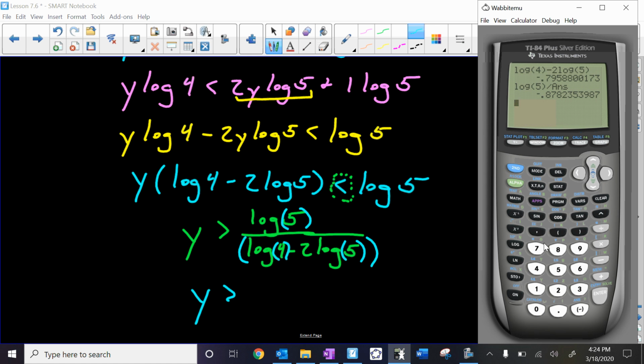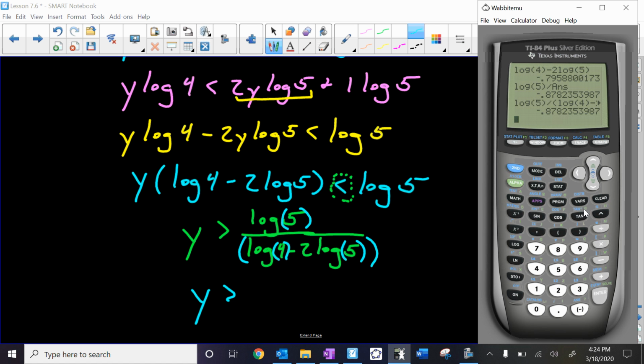would be the answer. If I plug it in all at once, which we can do that, log of 5 close divided by, open up another parenthesis, log of 4 close minus 2 log of 5, got a double close to get the same answer.